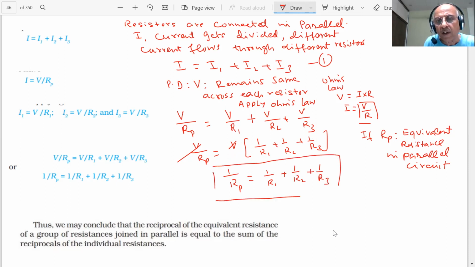Therefore, students, when I connect the resistors in parallel, what is the result? The equivalent resistance joined in parallel is equal to the sum of the reciprocals of the individual resistances. Supposing I say that I have R1 2 ohms, R2 3 ohms, and R3 5 ohms, connected in parallel.